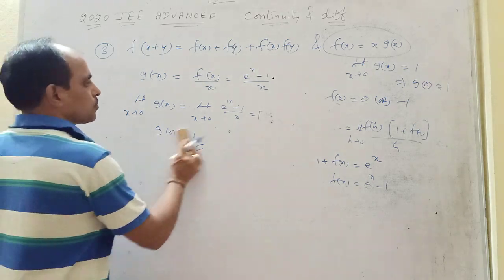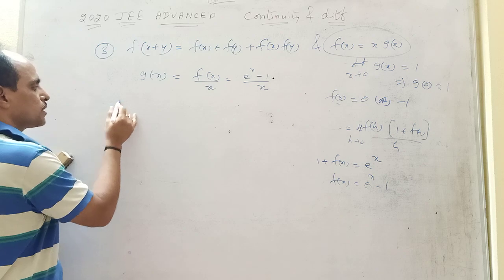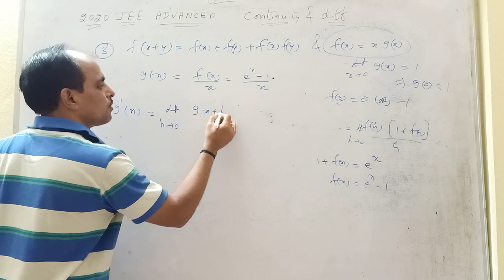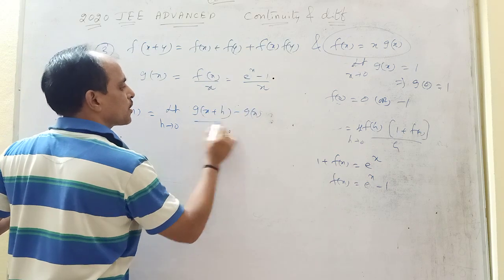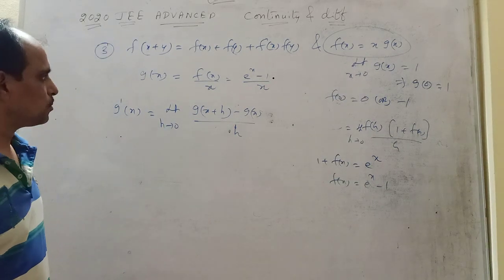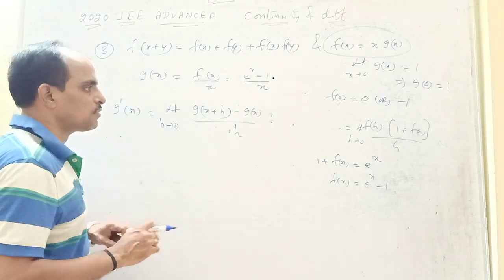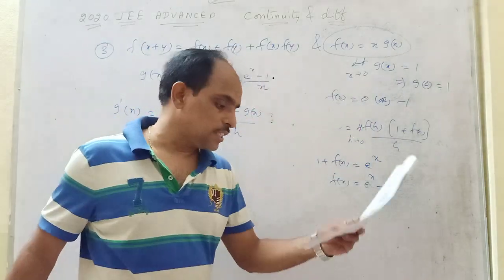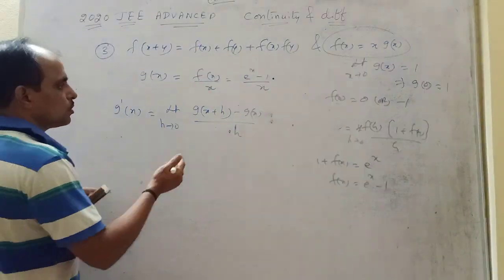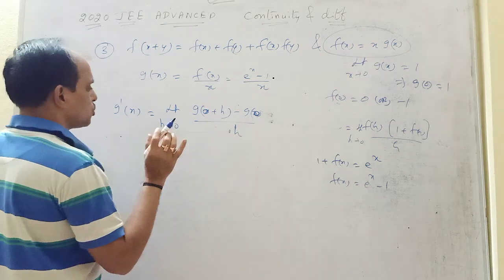Differentiable everywhere. So this is g of x. What about g dash x? Tell me. Limit as h tends to 0, g of x plus h minus g of x by h. In the options, g of 0 is equal to 1, so we can take x as 0 only.